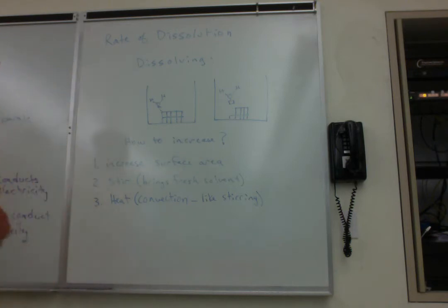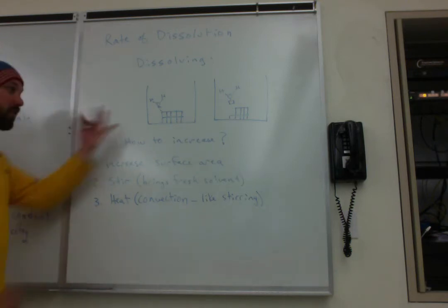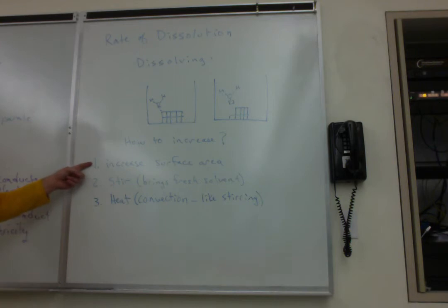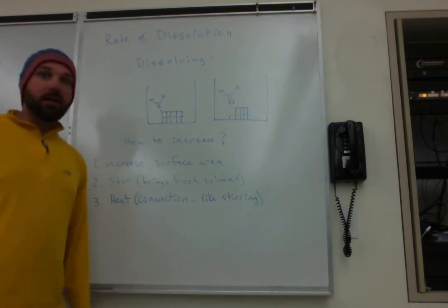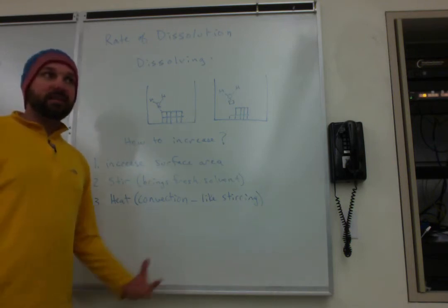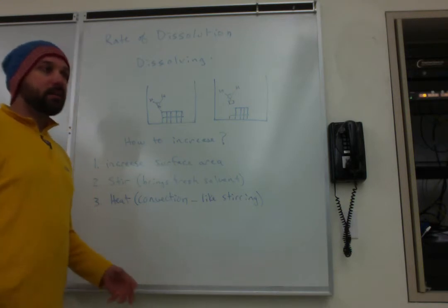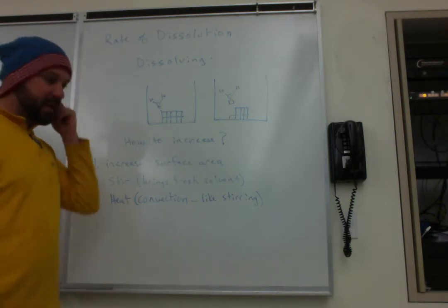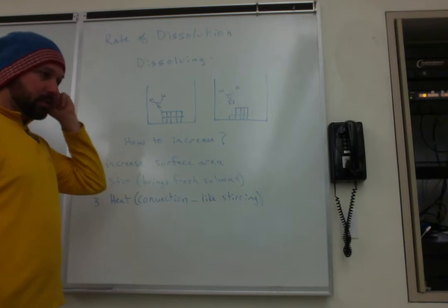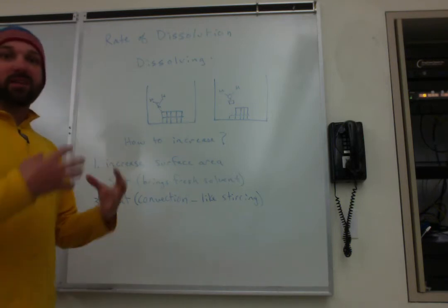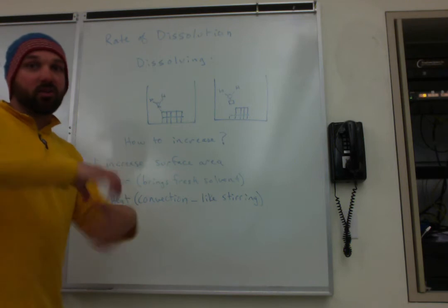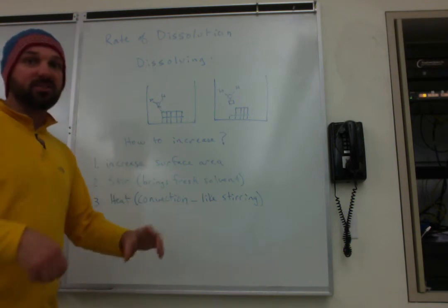Now, how can we change the rate of dissolution? 3 ways. Increase surface area. An example of that would be, I want to use the example of sugar. I don't know, like rock salt. So you get really big chunks of rock salt that go into a salt grinder, so you get the freshest salt.